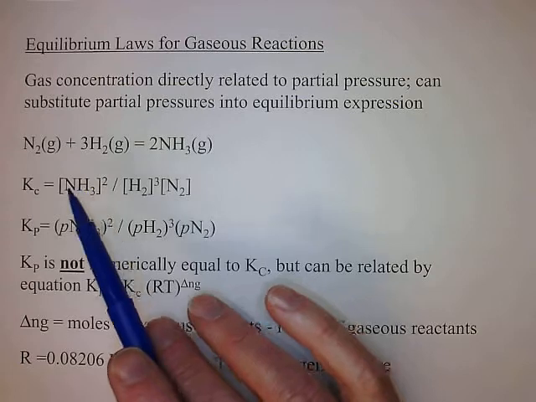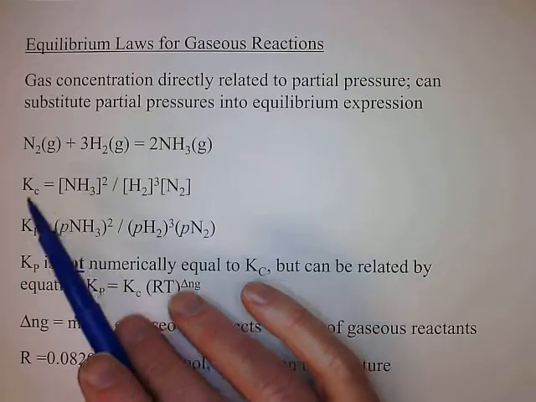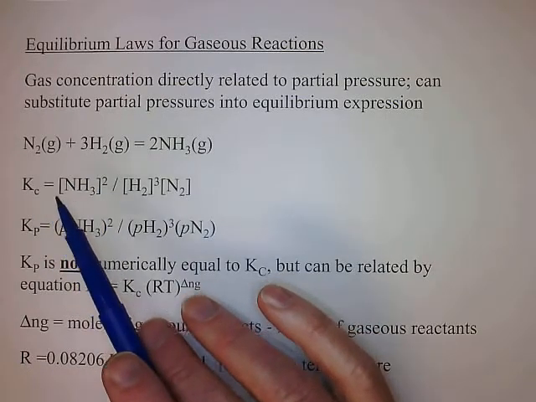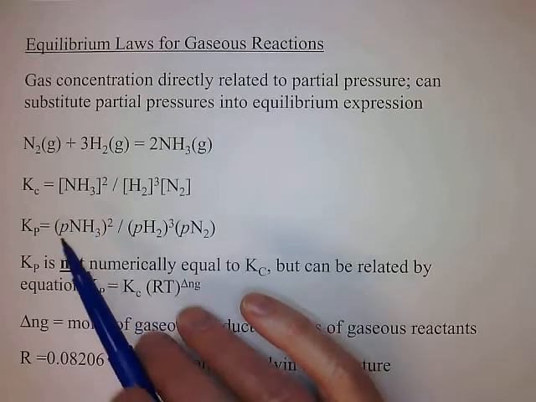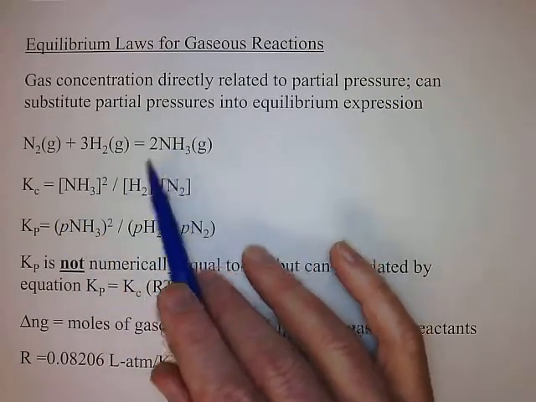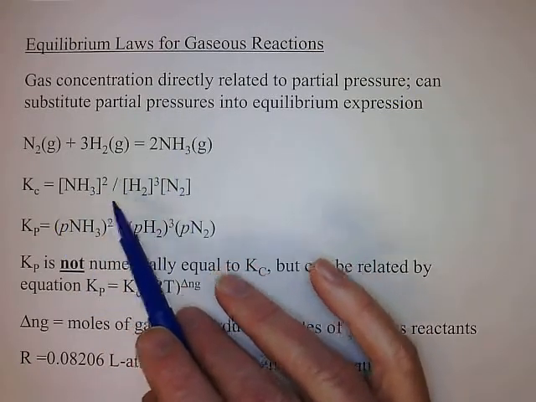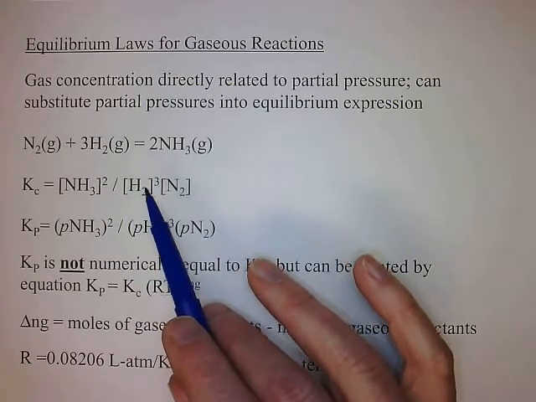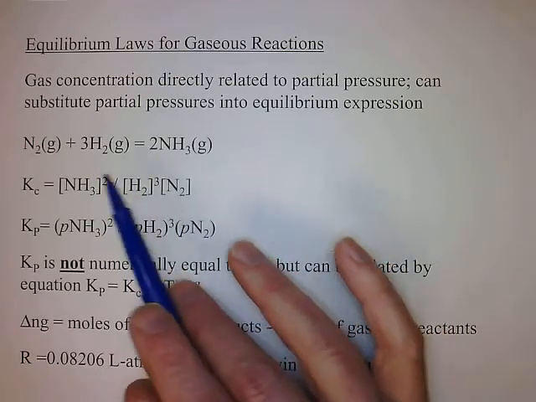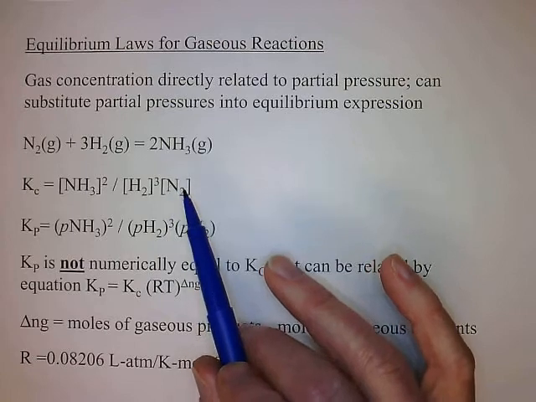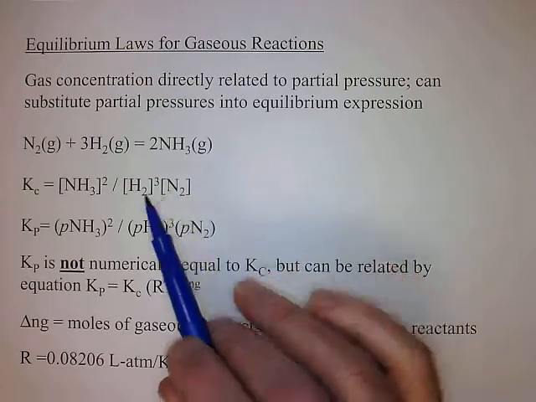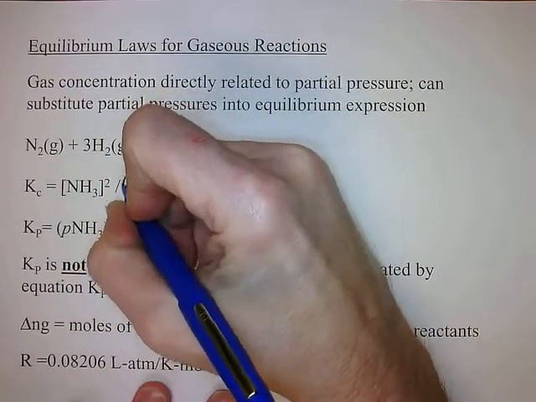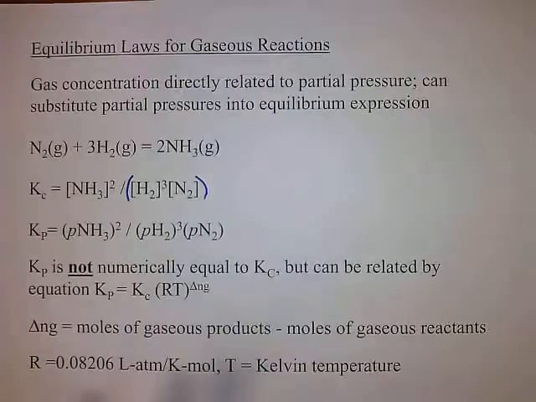Remember, one more time, brackets indicate concentration. So Kc would be the concentration of NH3 squared divided by the concentration of H2 cubed times the concentration of N2. Okay, and you realize also that it's divided by the product of those two.